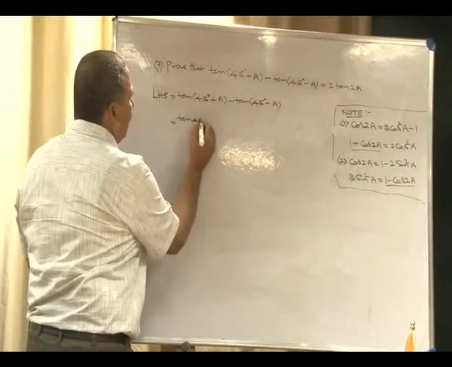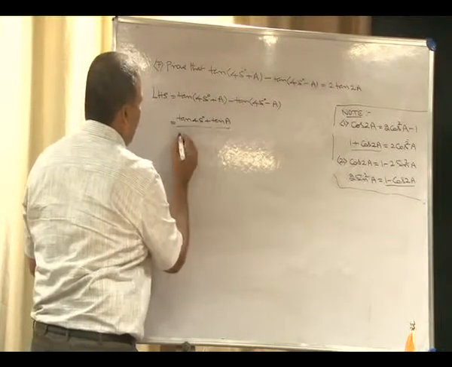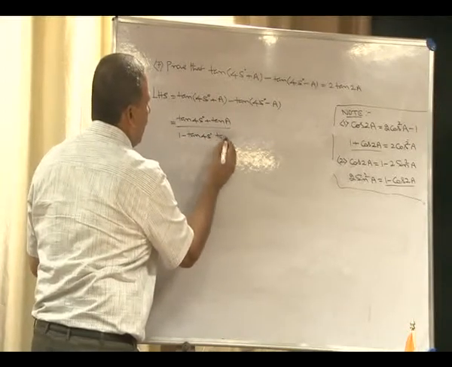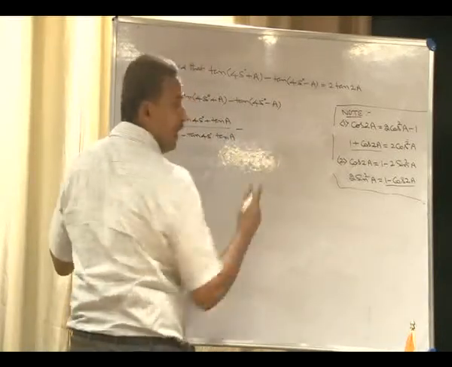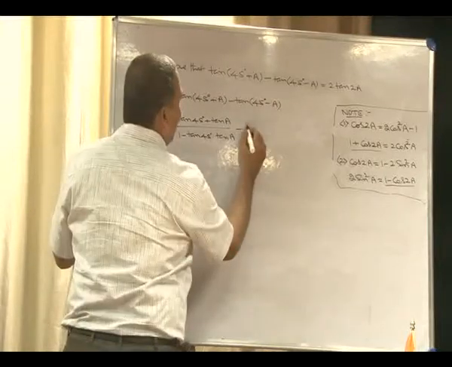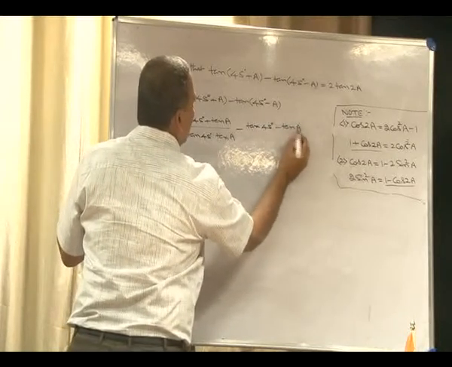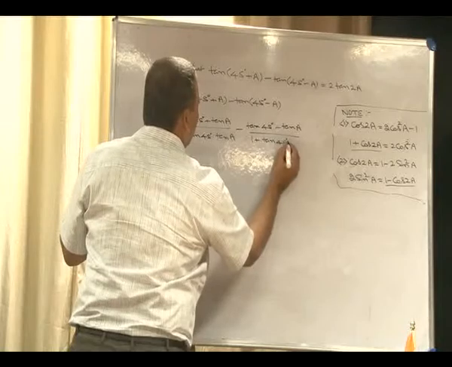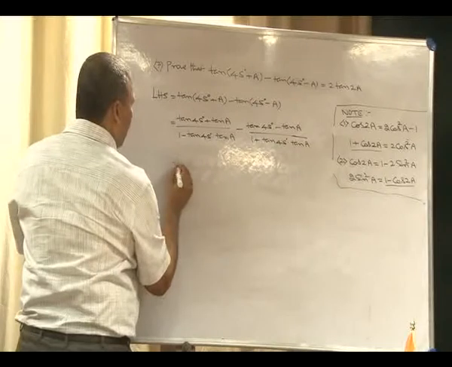That is tan 45 degree plus tan A by 1 minus tan 45 degree into tan A, minus tan of A minus B, which is tan A minus tan B by 1 plus tan A tan B. That is tan 45 degree minus tan A by 1 plus tan 45 degree into tan A. The value of tan 45 degree is 1.